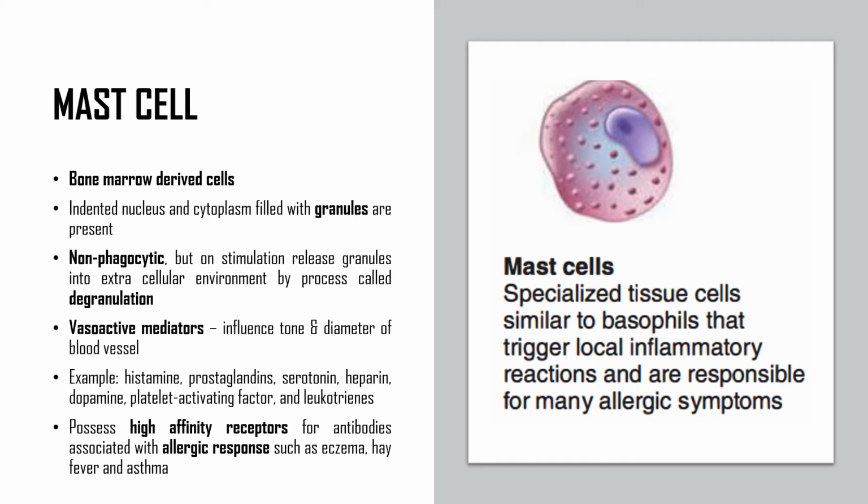These vasoactive mediators play an important role in allergic responses such as eczema, hay fever and asthma. So, to summarize mast cells, they are specialized tissue cells similar to basophils that trigger local inflammatory reaction and are also responsible for many allergic symptoms.